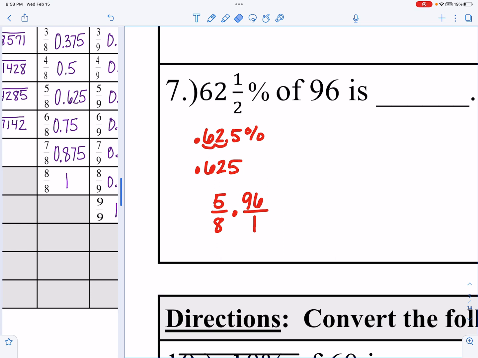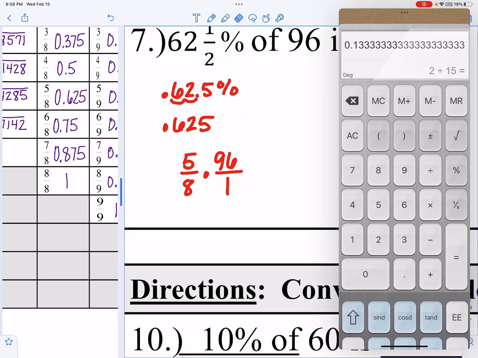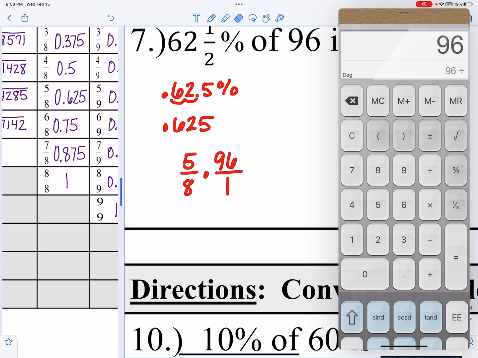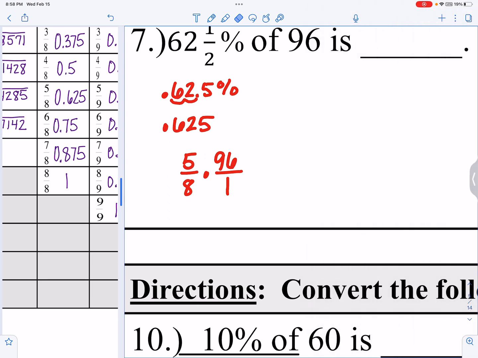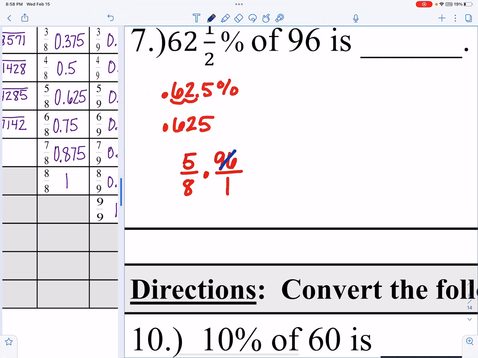Or I can look at our 8 and our 96 and see if we can cross simplify that first. So let's think about 96 divided by 8. 96 divided by 8 actually gets us 12. So I'm going to cross simplify here, divide by 8 over 8, and I get a 1 here and a 12 here.